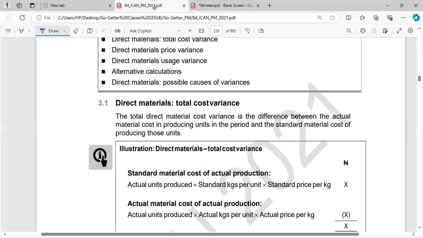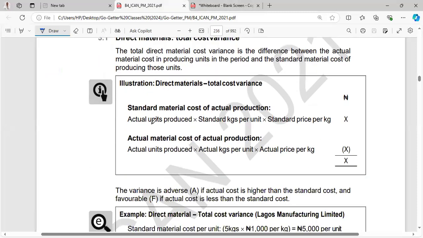We are saying here it is the actual units produced times the standard quantity times the standard price. Then this is actual units produced. So both of them are also actual units produced, actual quantity per unit, actual price.